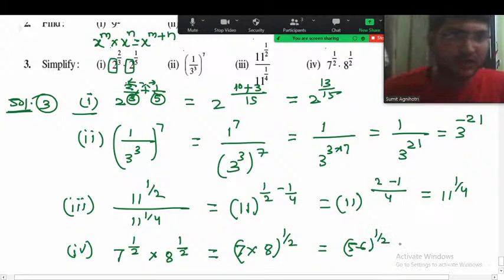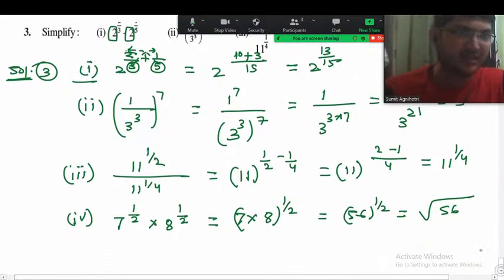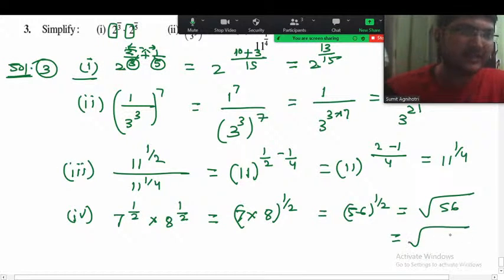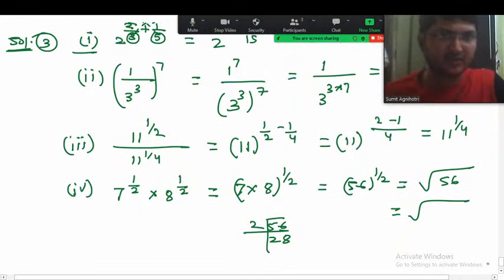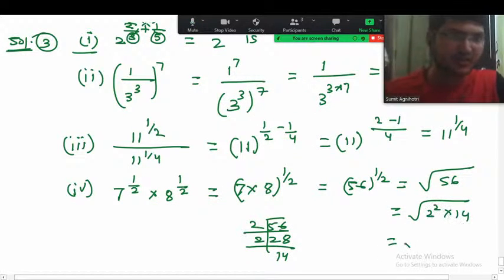Further, if you want to solve this, you can, because it is actually written as root 56. What we can do here is factorize 56. If you factorize 56, you can do like this: 28, and then you have 14. You can write it as 2 raised to the power 2 into 14. Further you can write as 2 raised to the power 2 into root 14. Sir, actually 14 is a prime number?